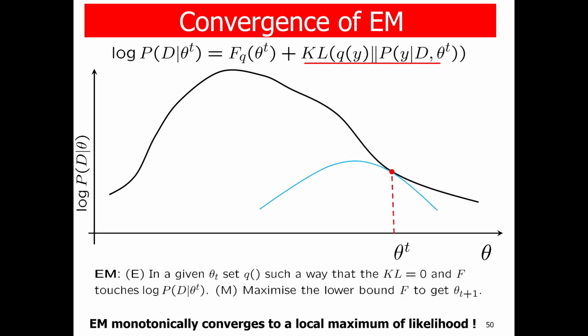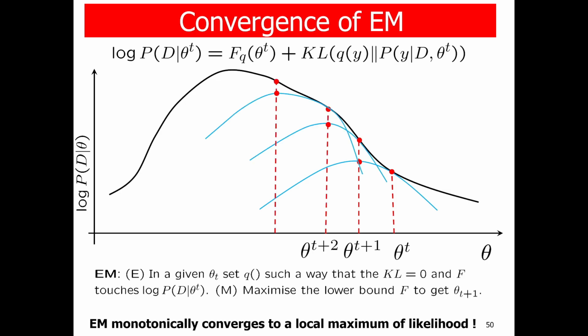So the KL term becomes 0 and F(theta t) is the same as the log likelihood function. Then we maximize this function in the M step of the EM algorithm and get theta t plus 1. In each iteration, the EM steps improve on the log likelihood function, and eventually we converge to a local maximum point.